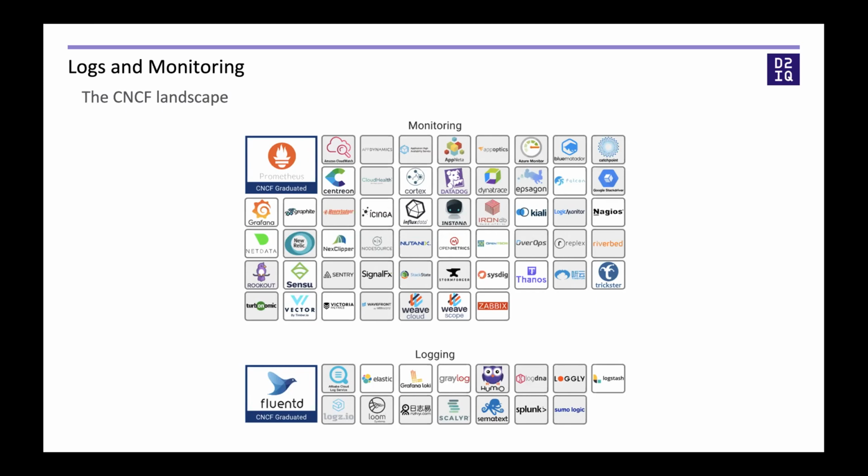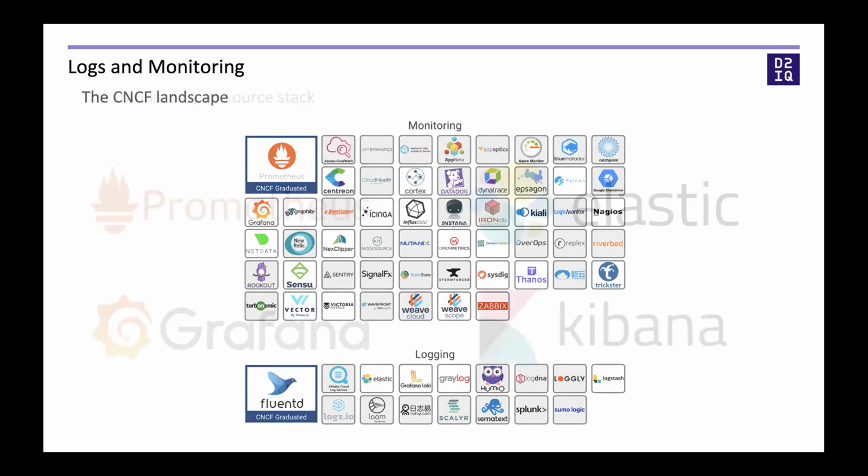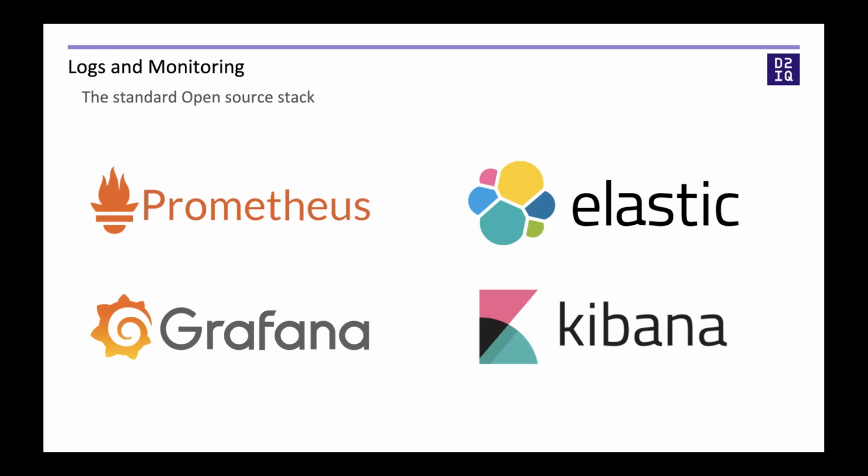So you try and make the best decision, choose the right solution, and then your next focus is, let's start integrating this into our Kubernetes platform. So the most popular four that you're going to find in logs and monitoring in the open source community are going to be Prometheus, right, which allows us to scrape for alerts, Elastic and Kibana, which gives me Elastic for all my logging and Kibana to give me the visualization, and then Grafana also to give me visualization for all my dashboards, so I can see an overview of health, performance, where issues may be happening.